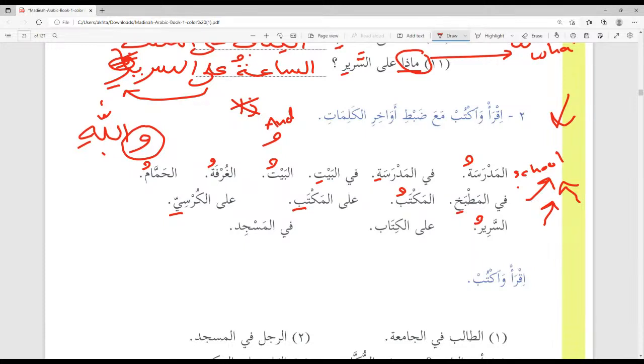And then عمر. على الكتاب. نعم. Let's have عبد القادر محسن.